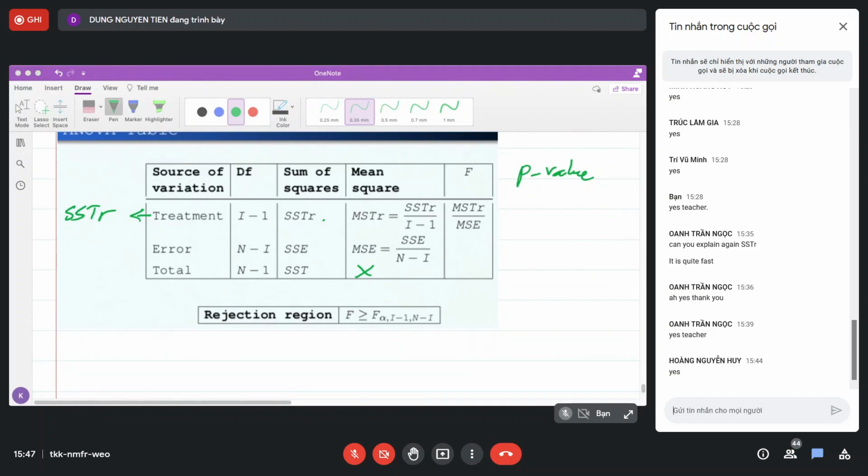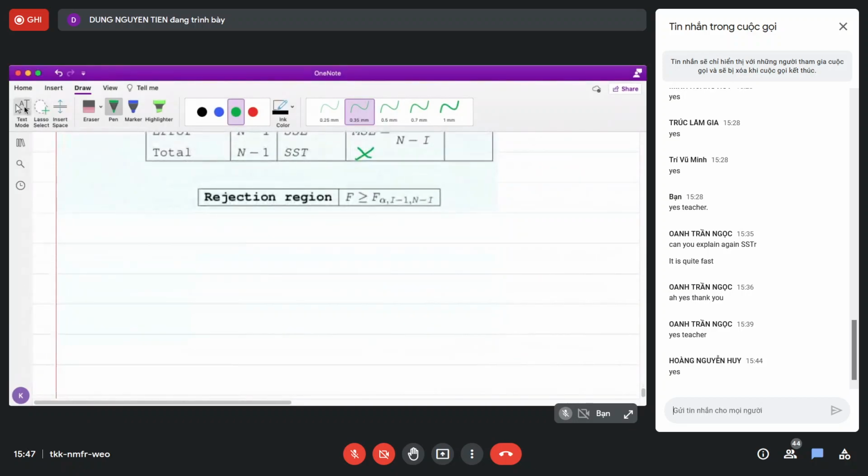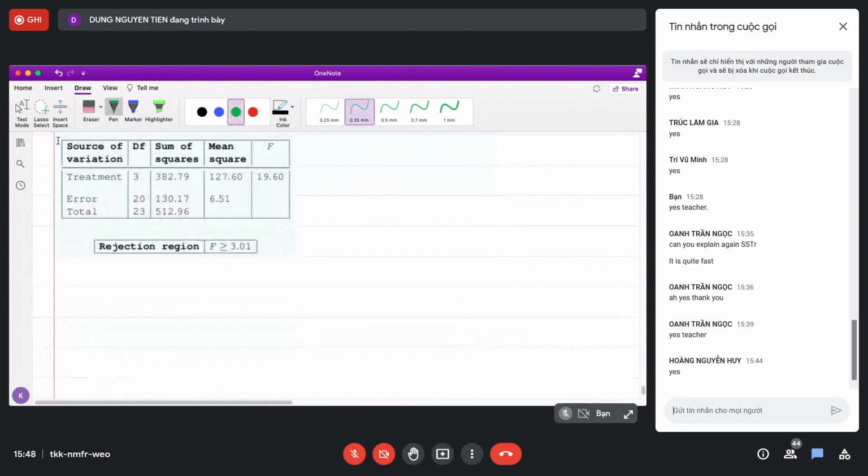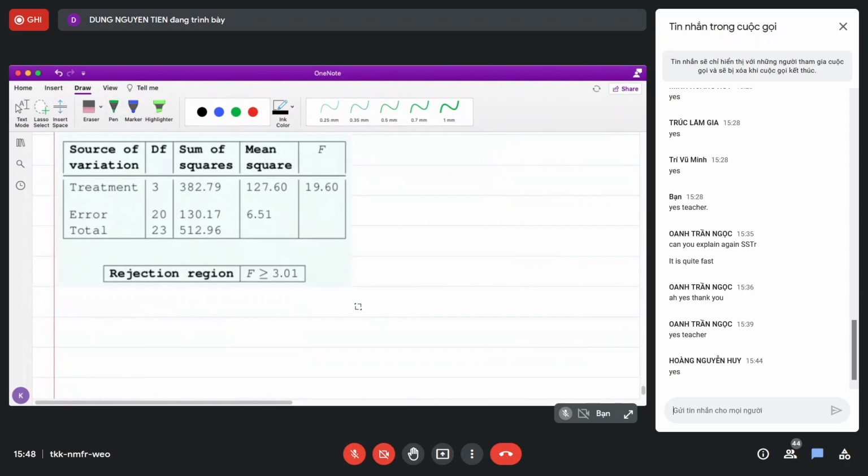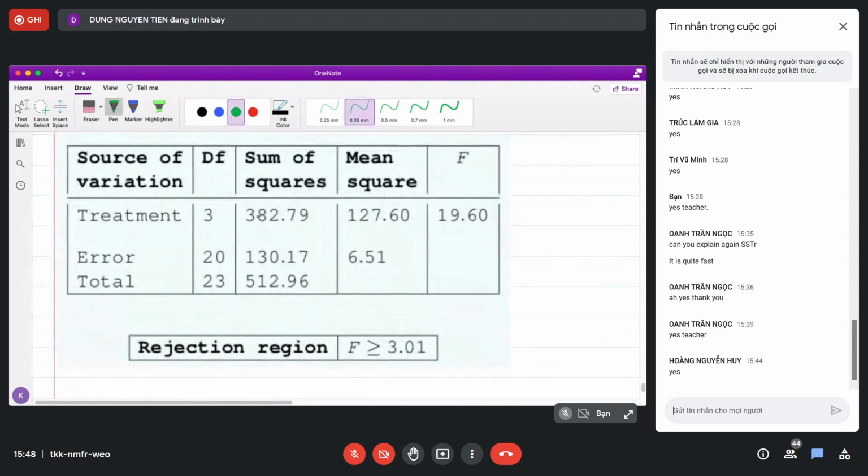Okay. In our problem, we get the following table.